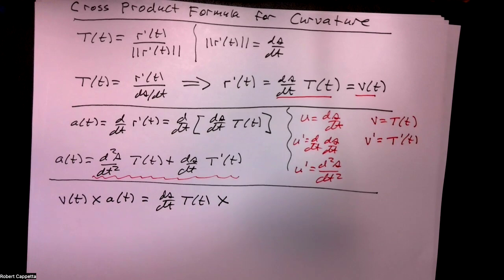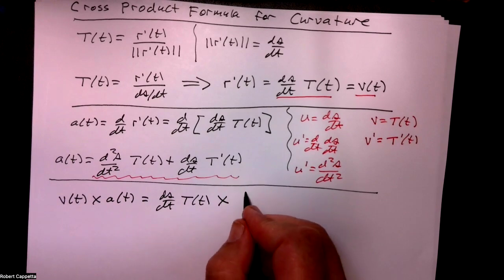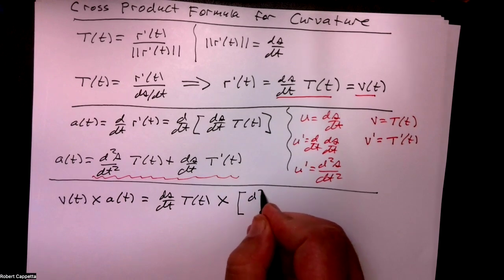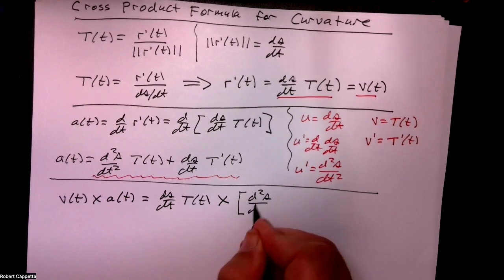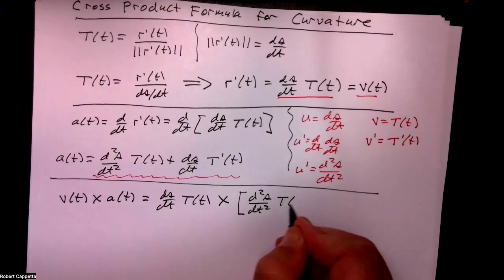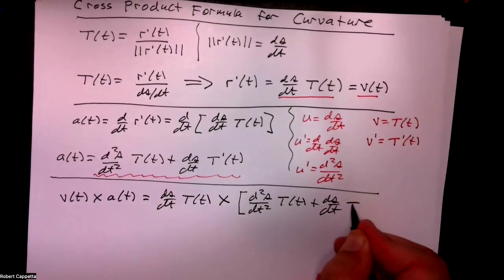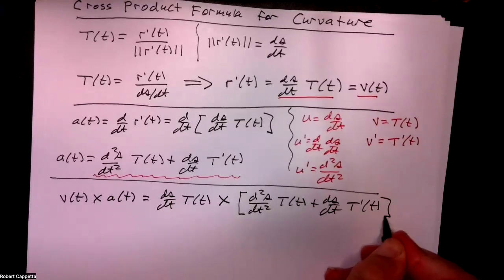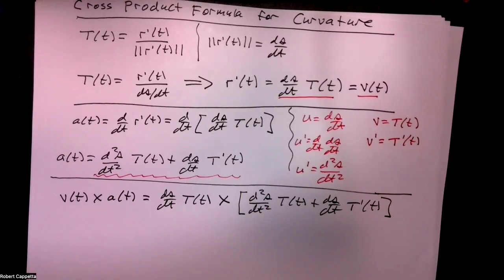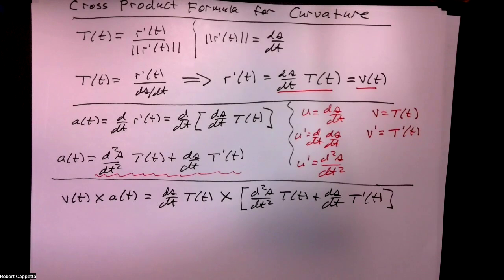So a of t will be that second derivative, d2s/dt squared times T of t plus ds/dt T prime of t. And I admit this looks nothing like a cross product formula, yet somehow we have to get there.